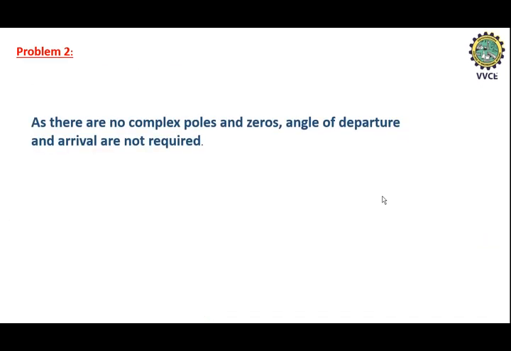Next, there are no complex poles or zeros in the given transfer function, because all the roots we obtained are real, that is 0, minus 1, minus 2, minus 3. No other complex roots are there, so no need to find the angle of departure as well as the angle of arrival.